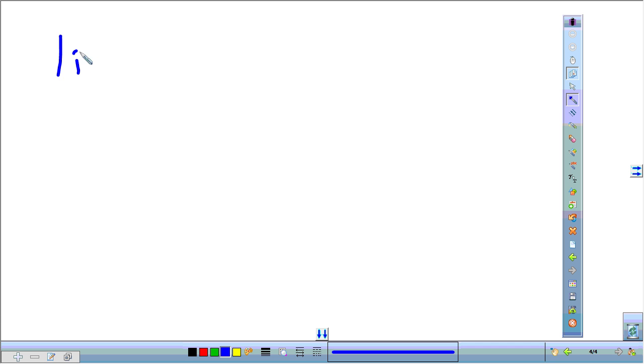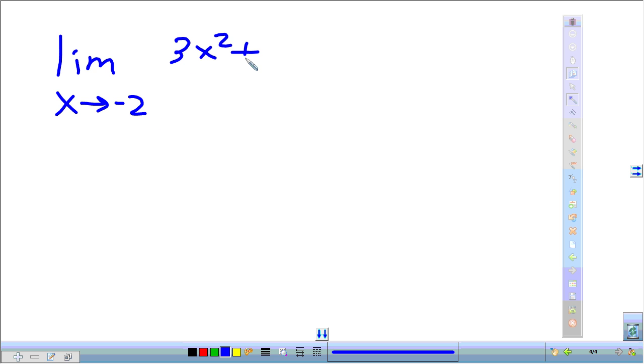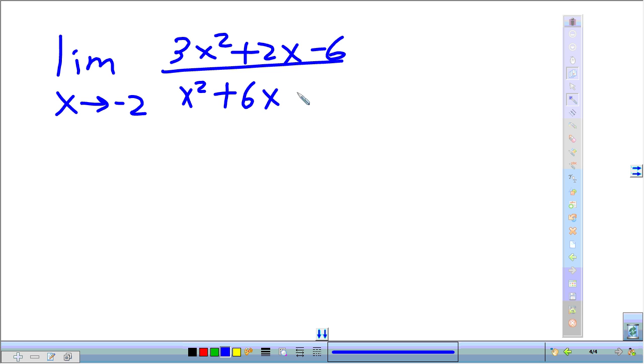So if we try the limit approaching minus 2, 3x squared plus 2x minus 6 over x squared plus 6x plus 8, and then attempt substitution.